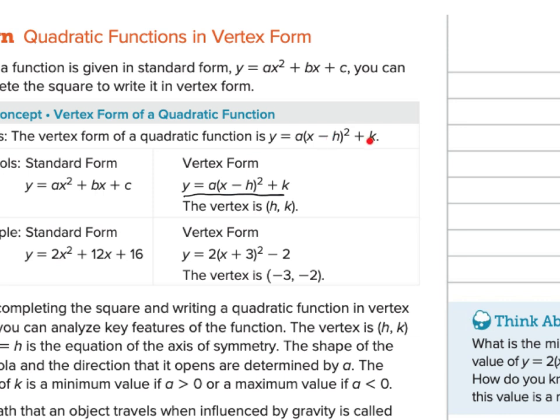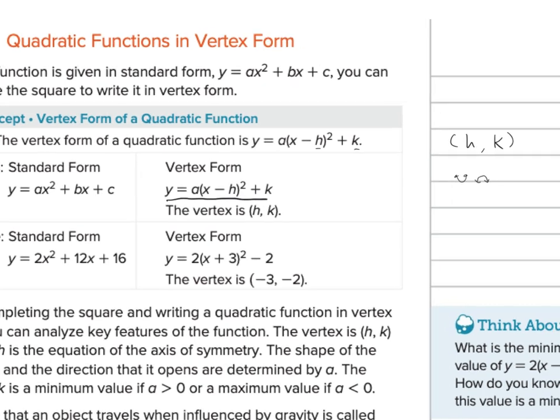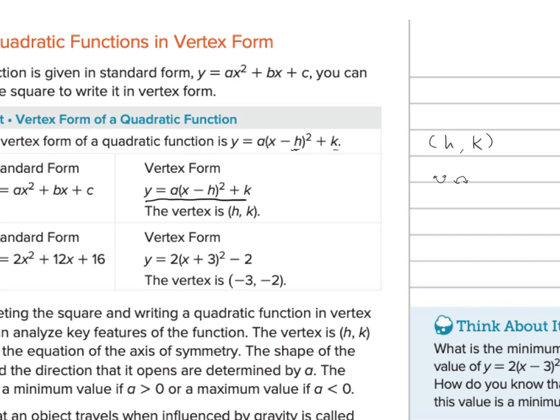You have h and k, which we have covered in the past already in this course, and h and k are going to be my vertex of my quadratic equation. And of course the a, whether the a is positive or negative, will tell us whether it is going up or going down.